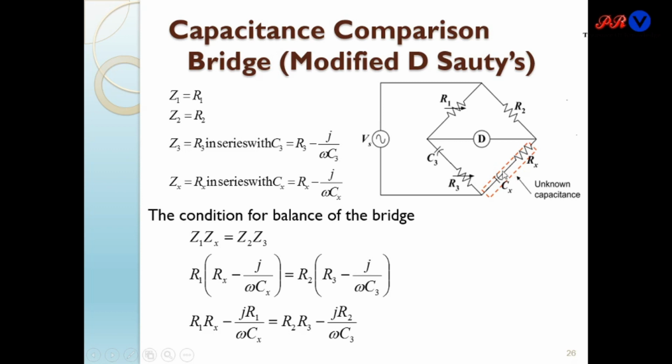Similarly, we have this combination of Rx in series with Cx, and we want to calculate the values of Rx and Cx. The condition for balance is that the opposite arm impedance product must be equal to the other opposite arm impedance product. So putting these values, we will get some real part and some imaginary part.